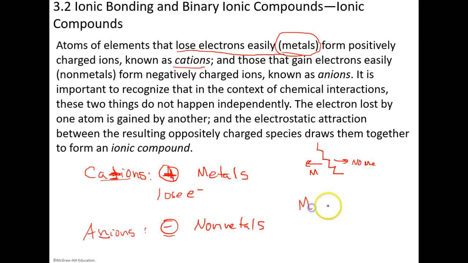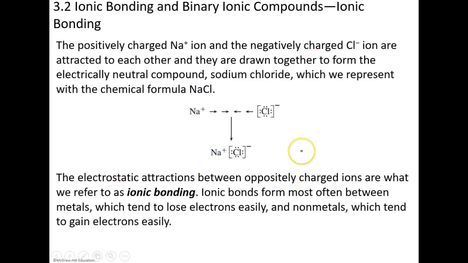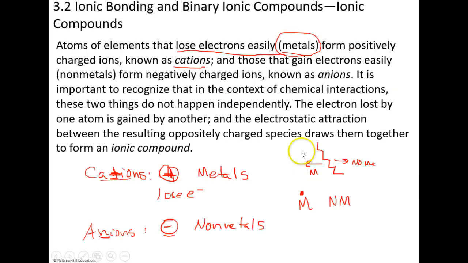So if I react a metal with a nonmetal, the electron from the metal has to go to the nonmetal. If something loses, something also has to gain at the same time. You cannot have one without the other.